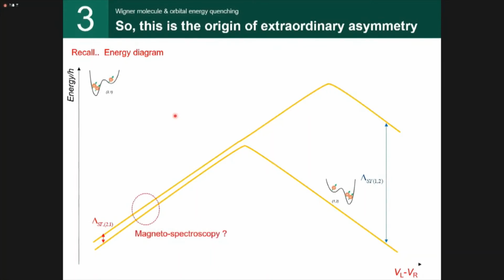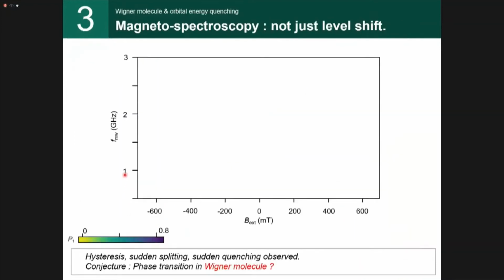So far, so good. We have found the origin of this extremely small energy splitting, but we still have experimentally found phenomena that we cannot possibly explain up to now, and this is called magnetospectroscopy.